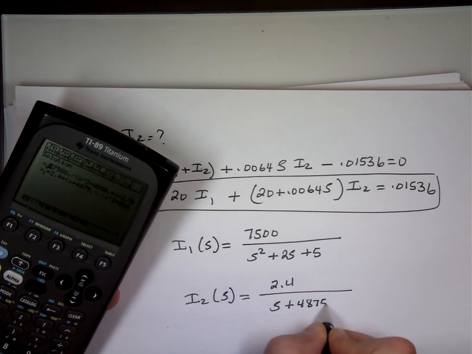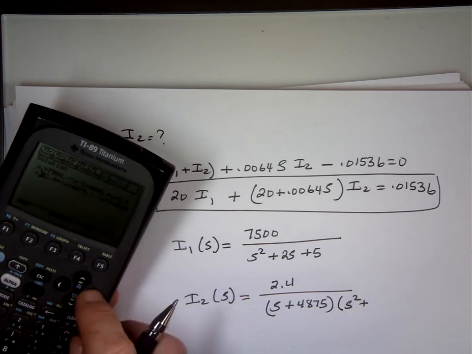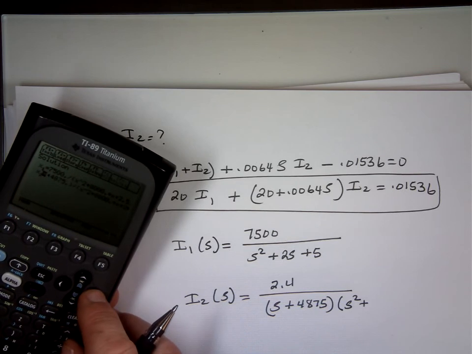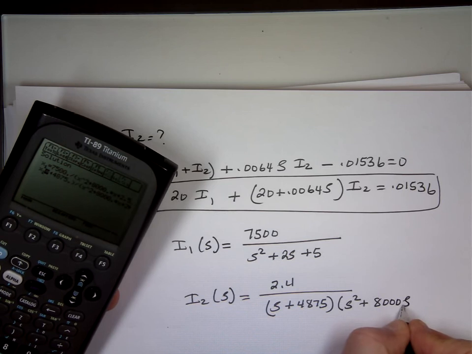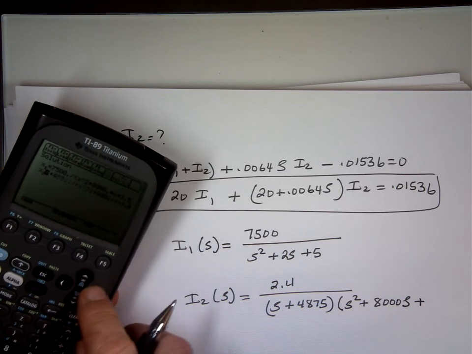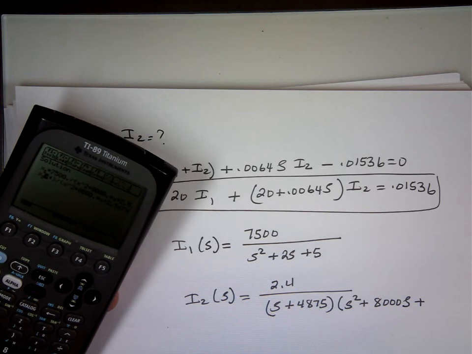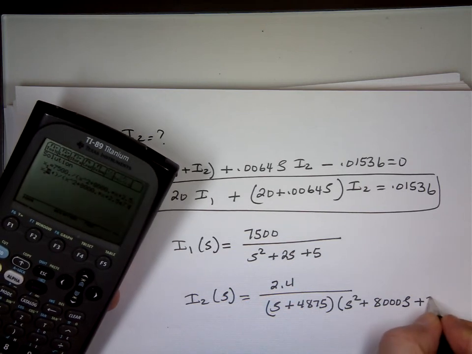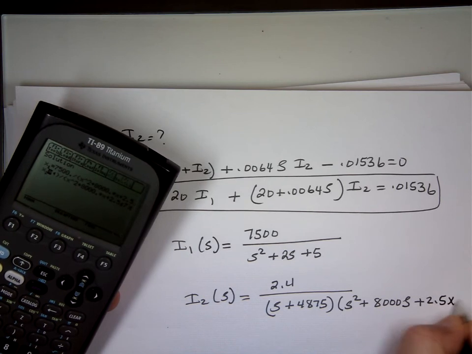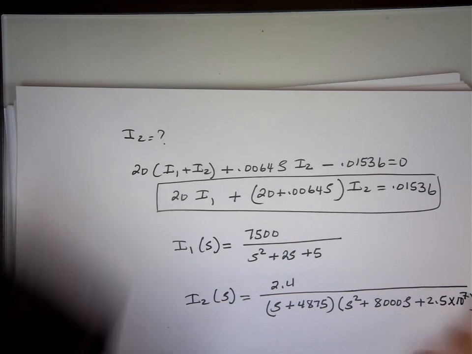Wow. S squared plus 8,000s plus 2.5 times 10 to the 7. What is that? That's awful. I got like a gigantic.